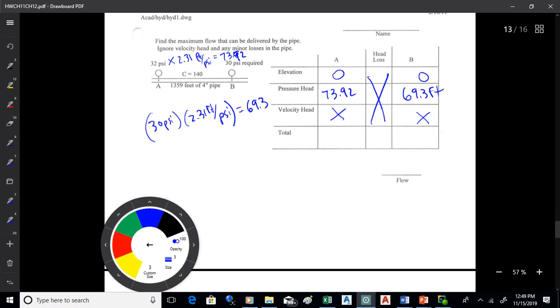All right. So at A, we have a total energy of 73.92. At B, we have a total energy required of 69.3. So we want to find the difference, and it's not much, it's just 4.62. So that's the allowable head loss.